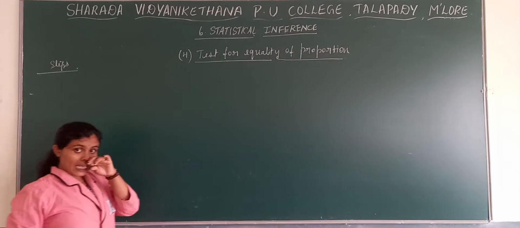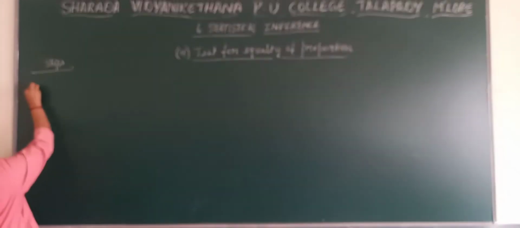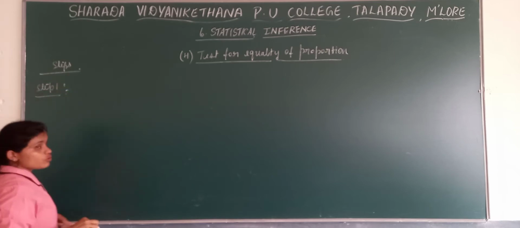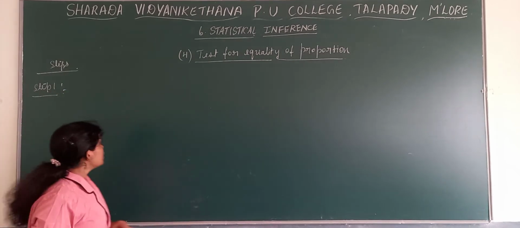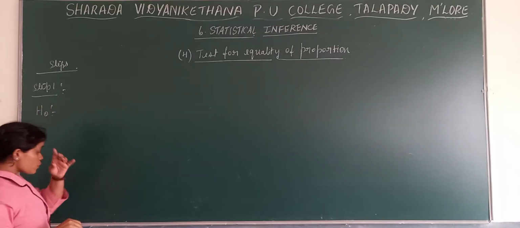Now first step as it is, we need to write the null hypothesis. Step 1 is nothing but null hypothesis. We need to write there the proportions.